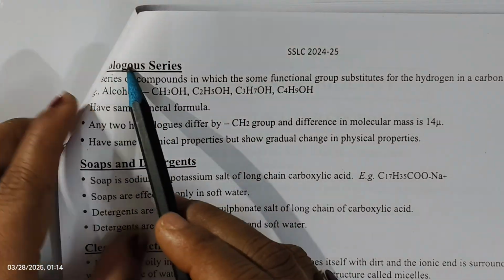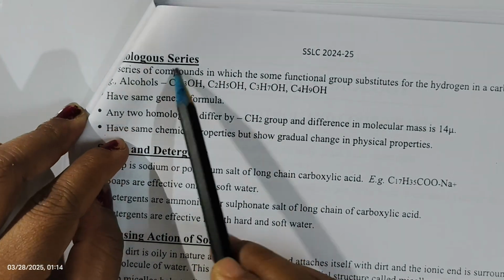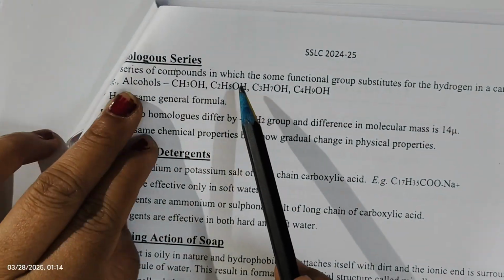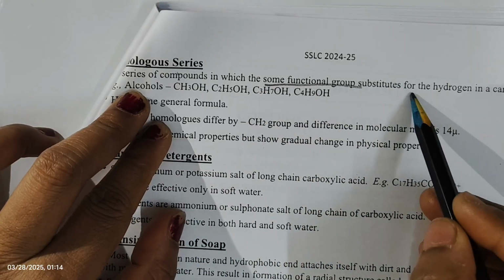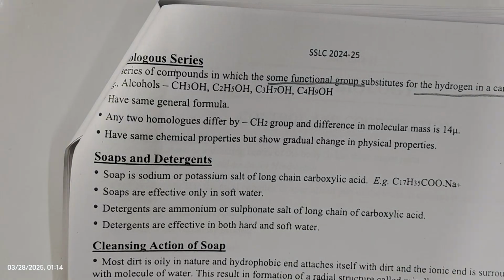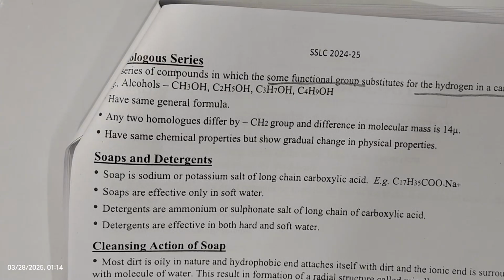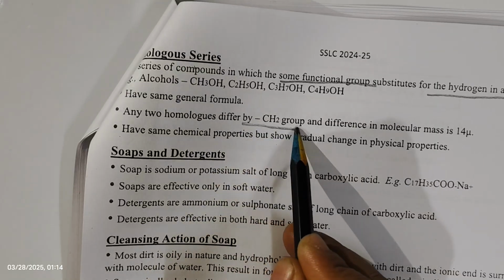Next is homologous series. So we'll see what homologous series are. A series of organic compounds in which functional groups substitute for the hydrogen in the carbon chain. Homologous series compounds are organic compounds having the same general formula, similar structures, and the successive members differ by a CH2 group.